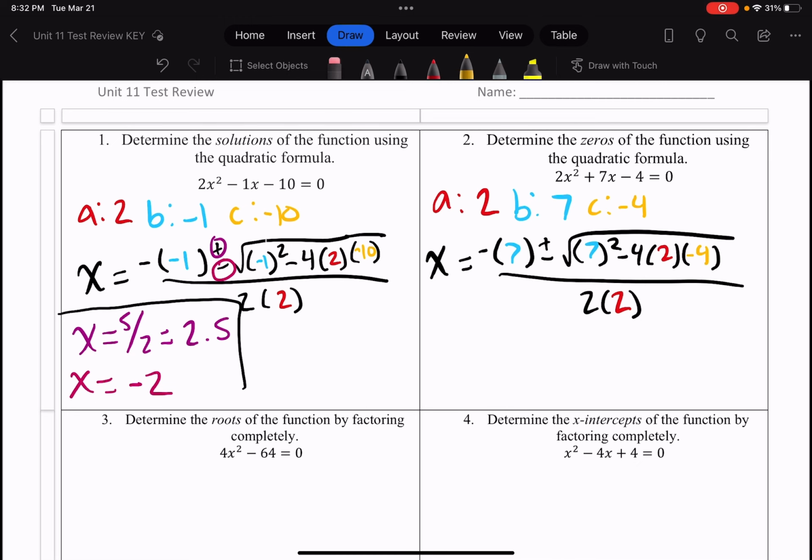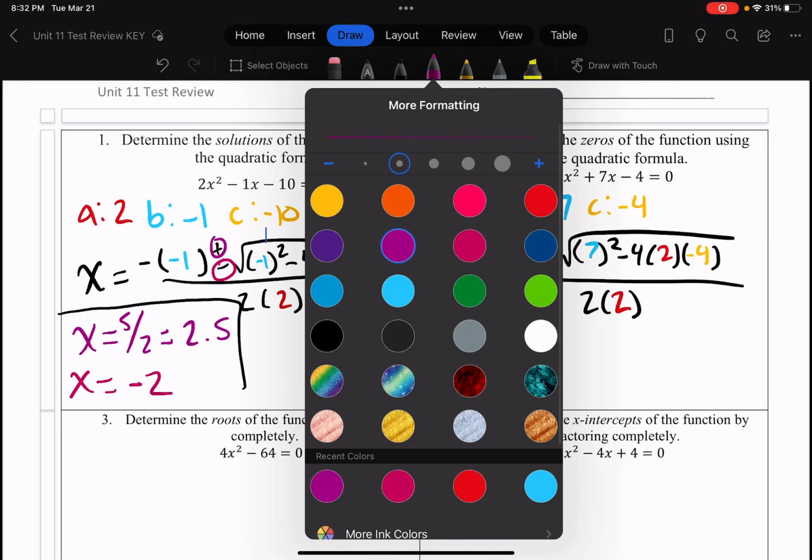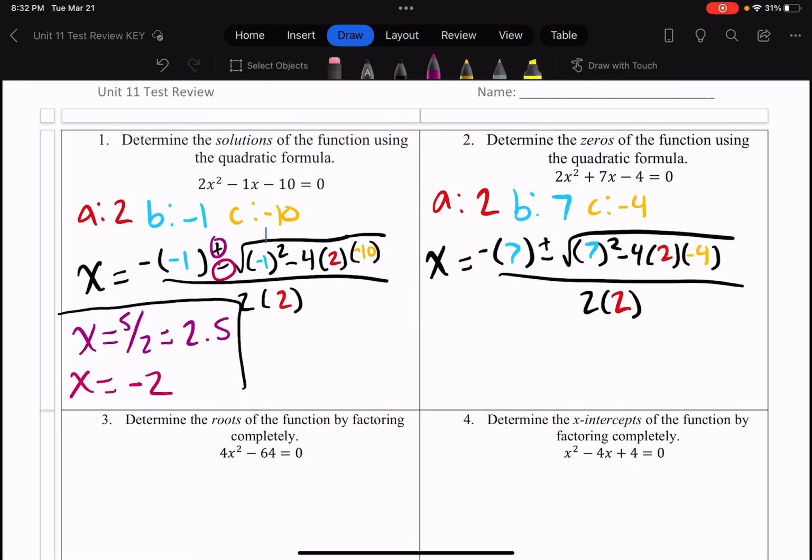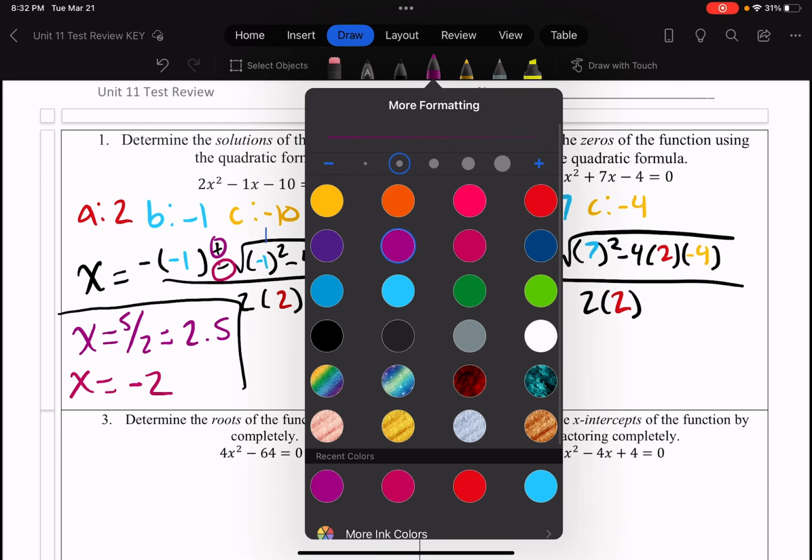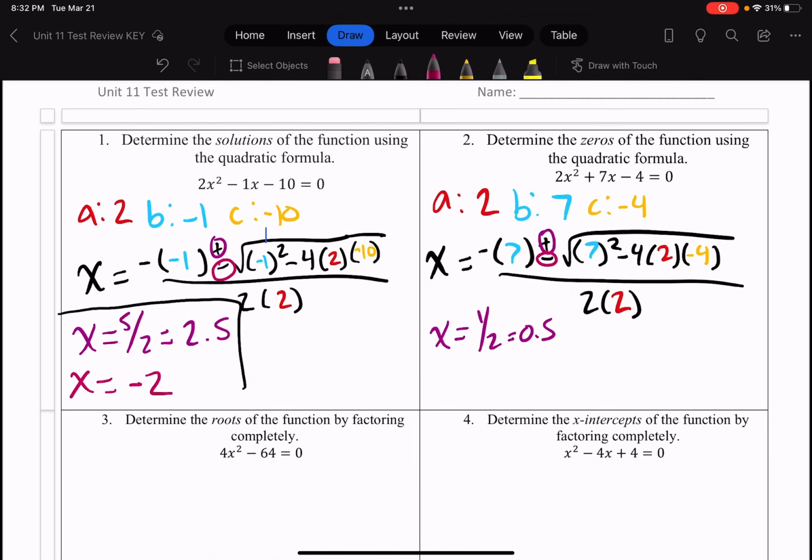So from the positive side, that's one of my zeros, it's going to be x equals 1/2. Or you can say 0.5. And from the negative side, when we subtract it, we had x equals -4. So guys, that's solving using the quadratic formula.